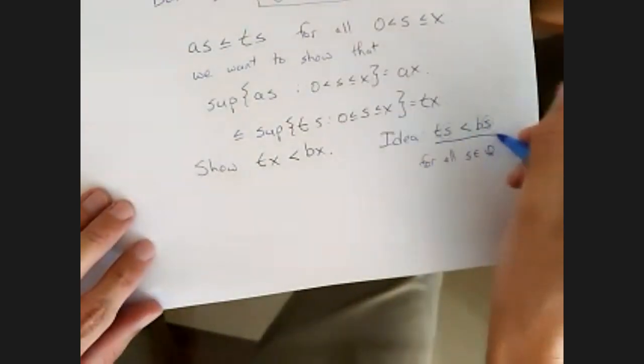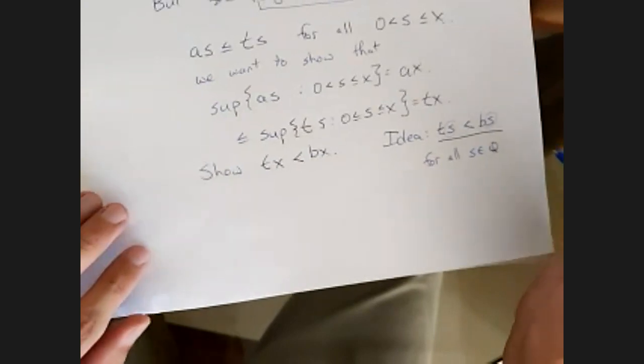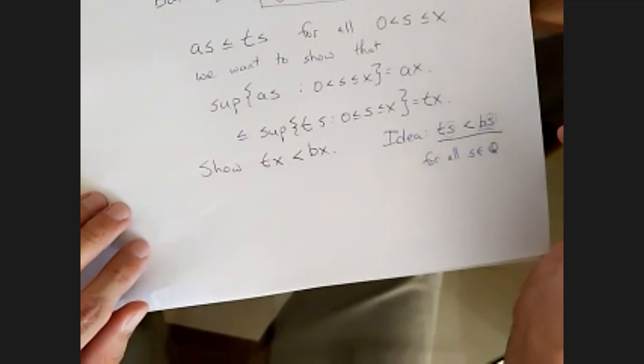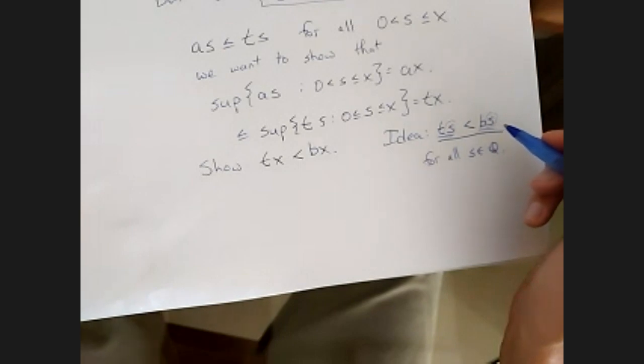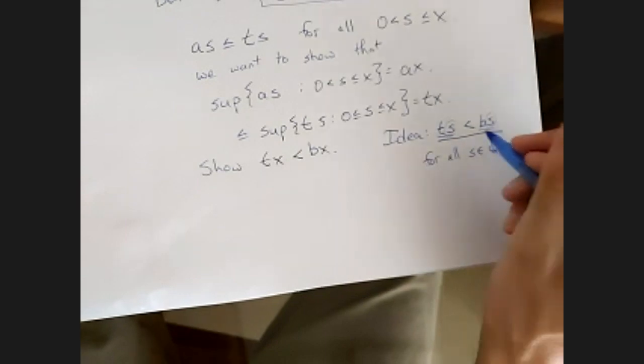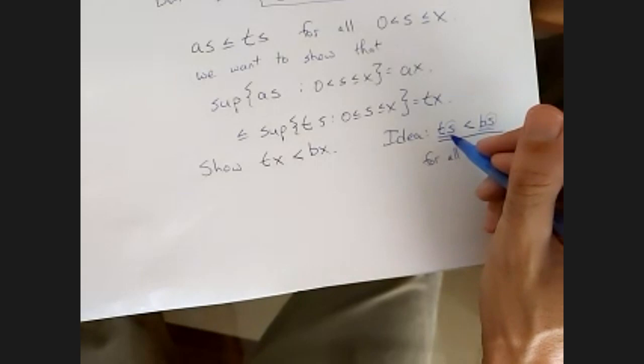Okay, so how do we show that TS is less than BS? So BS is like the supremum of some set. It's the least upper bound, right? To show that it's less than the least upper bound, we just have to show that there's something in the set defining BS which is strictly bigger than TS.